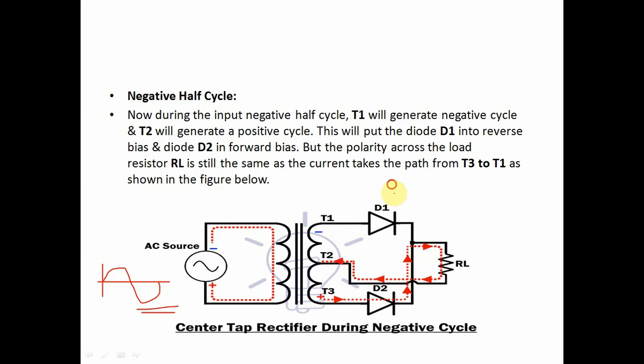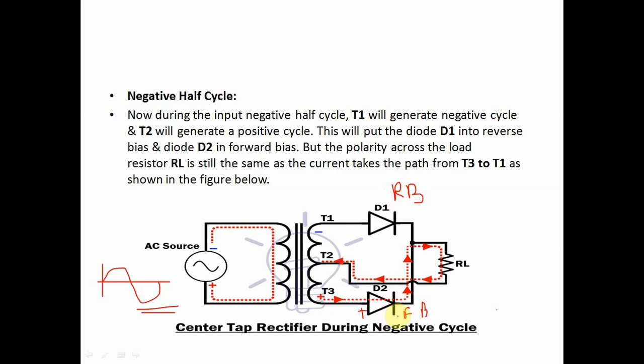So diode D1 acts as reverse biased and diode D2 acts as forward biased. Why? Because for forward bias, this has a positive charge and this positive charge is connected to positive, and this negative charge is connected to negative.